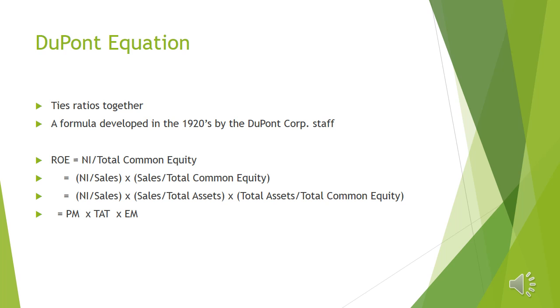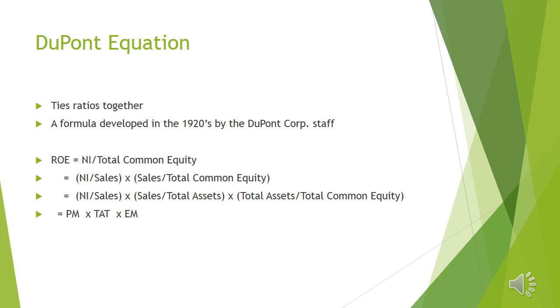So as you know, the ROE is calculated as net income divided by the total common equity, which we then break down as, if you follow the bullet points on the slide, net income by sales multiplied by sales divided by the total common equity. So the first term, net income by sales, is nothing but how we calculate the profit margin. Then we break down the term in the second bracket, sales by total common equity, as sales by total assets multiplied by total assets divided by the total common equity.